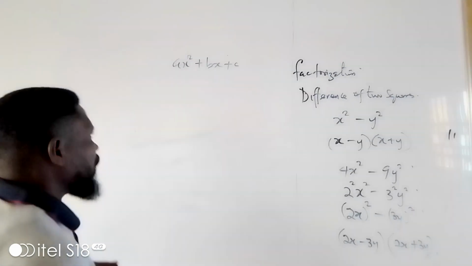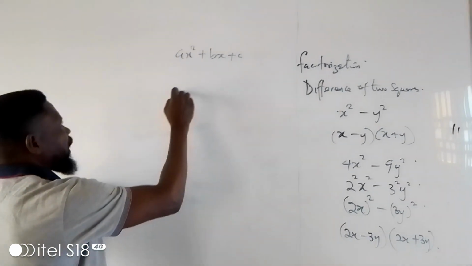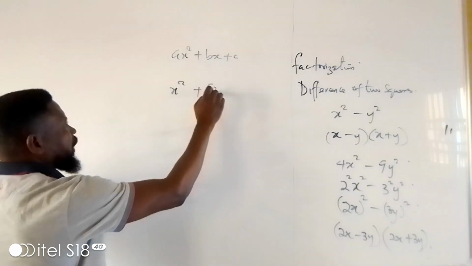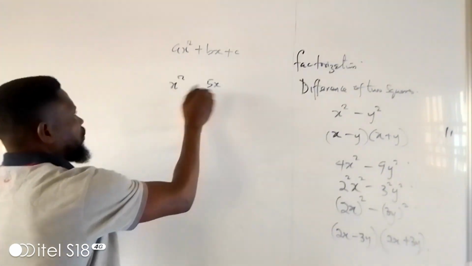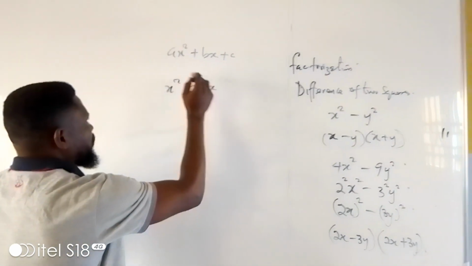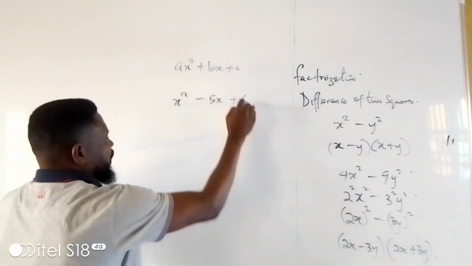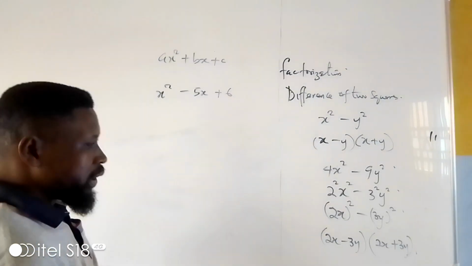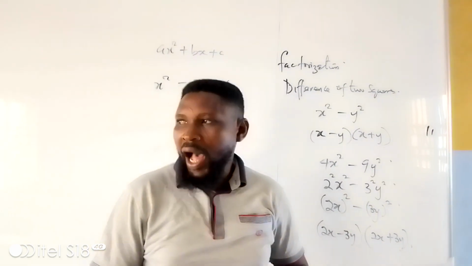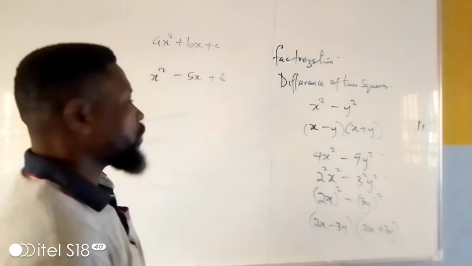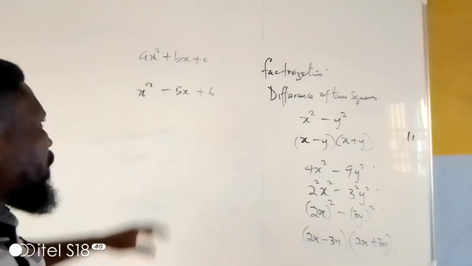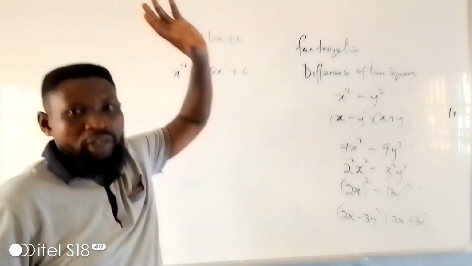For example, if you are given x squared plus 5x plus 6, how can this expression be factorized?